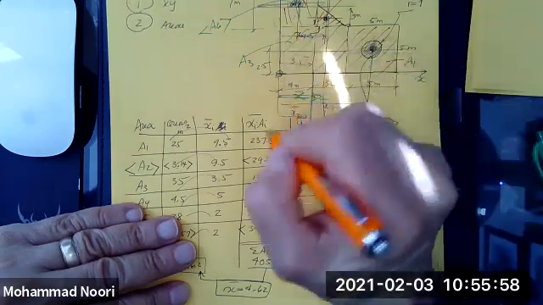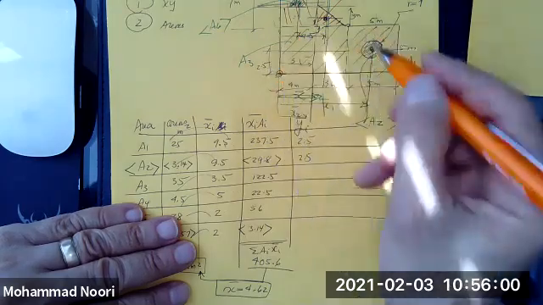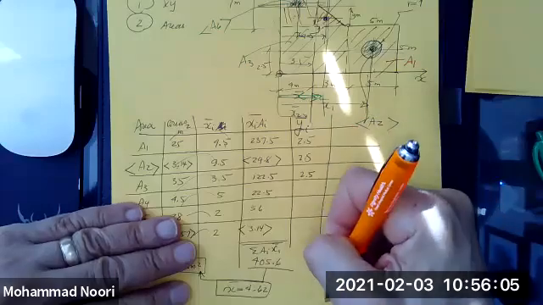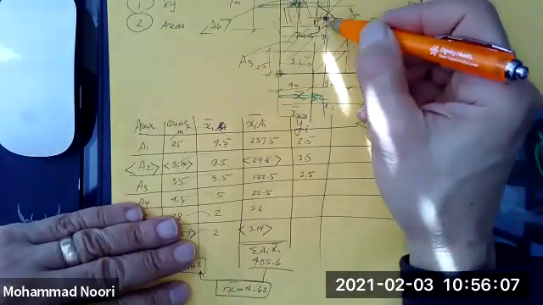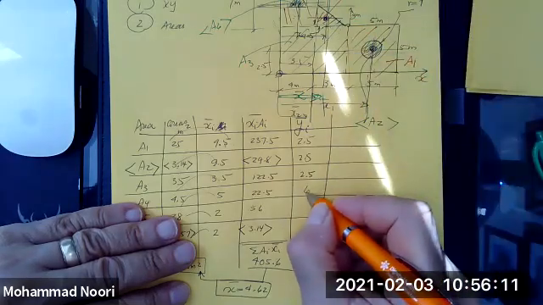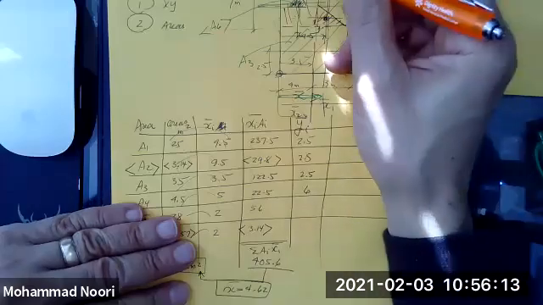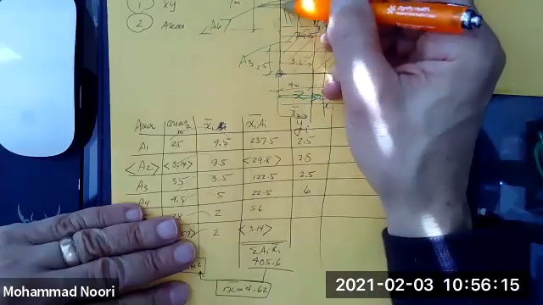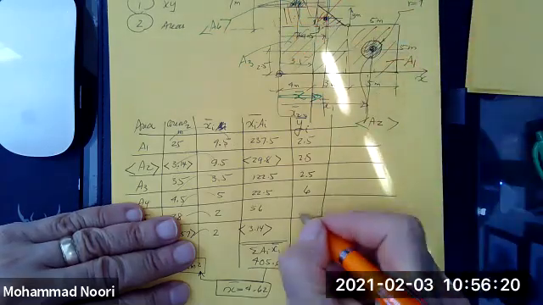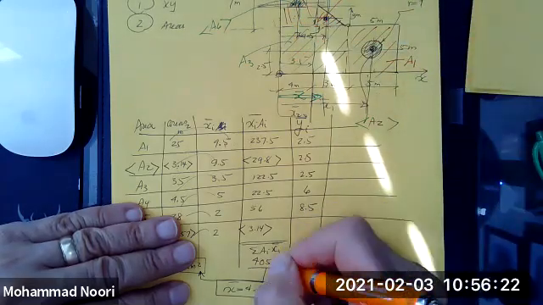Also, this distance is 5, so also happens to be 2.5. A4 is 1 plus 5, which would be 6. For A5, this is 3.5. This is 5, so it would be 8.5.